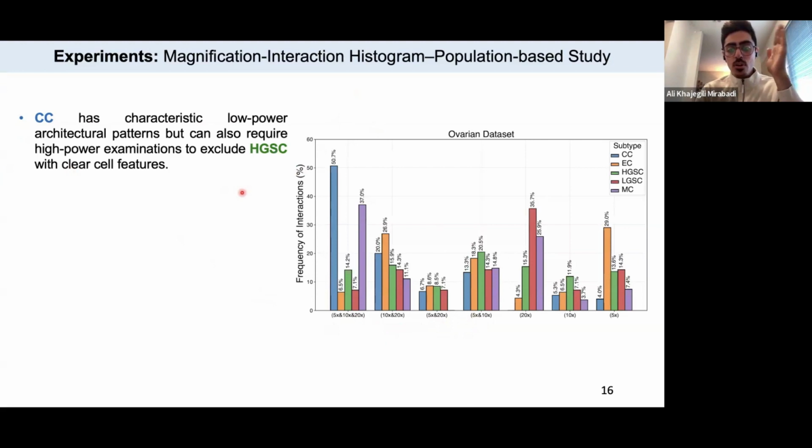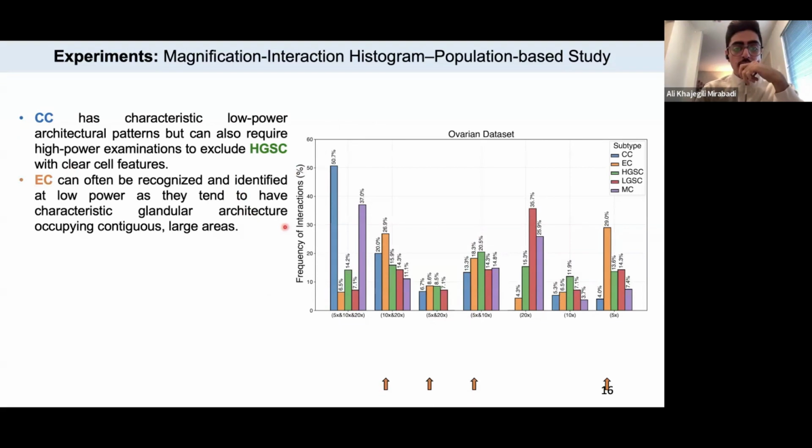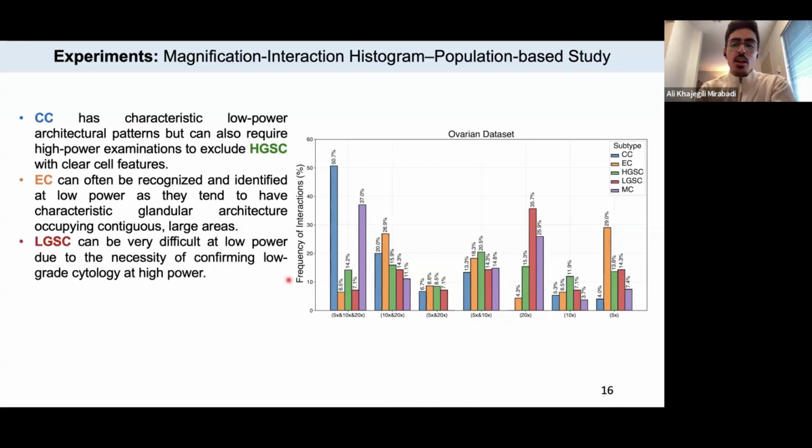So we need to make sure that it is not high-grade serous carcinoma. So for high-grade serous carcinoma, we need to investigate different magnifications. So the model should make a wise decision here. The other subtype is endometrioid, which the model has a tendency toward more low power compared to the clear cell carcinoma, but still it's distributed over different magnifications.